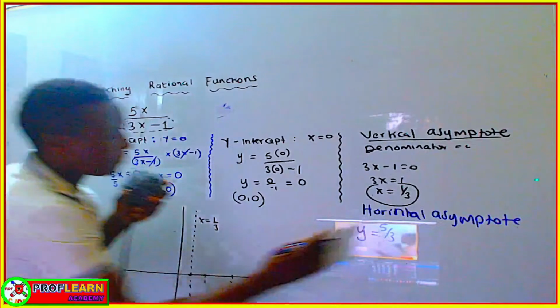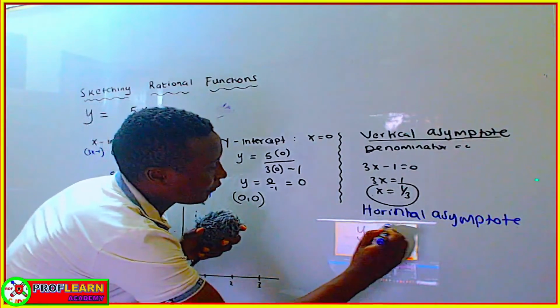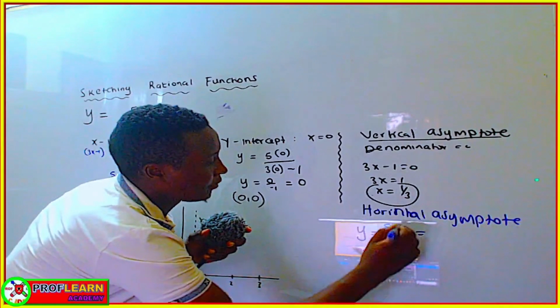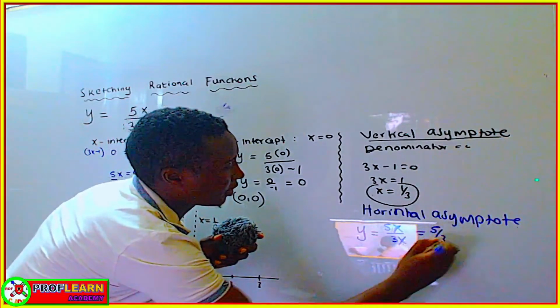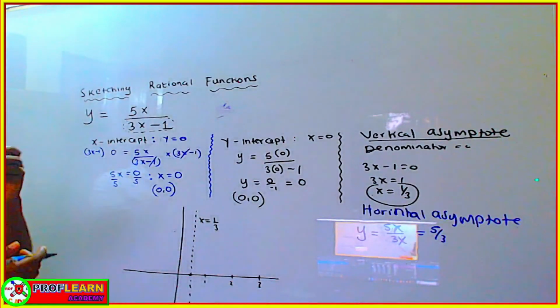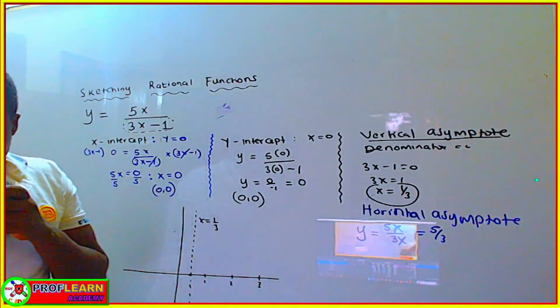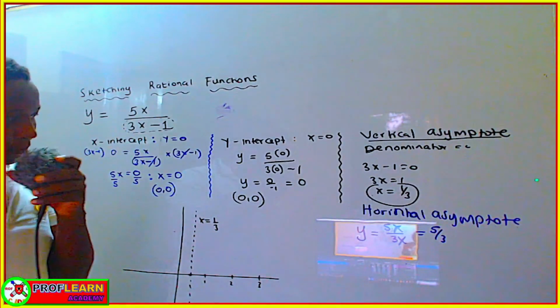So y equals 5 over 3. We are just taking the 5x over the 3x that we have here, and the x cancels, so we have 5 over 3. You need to check the different rules that we usually follow when stating the horizontal asymptote.